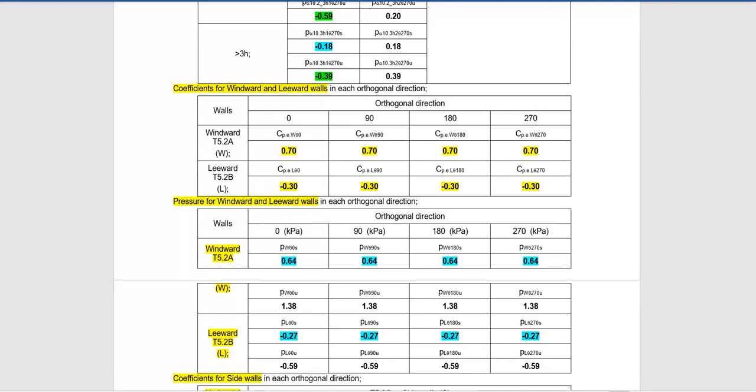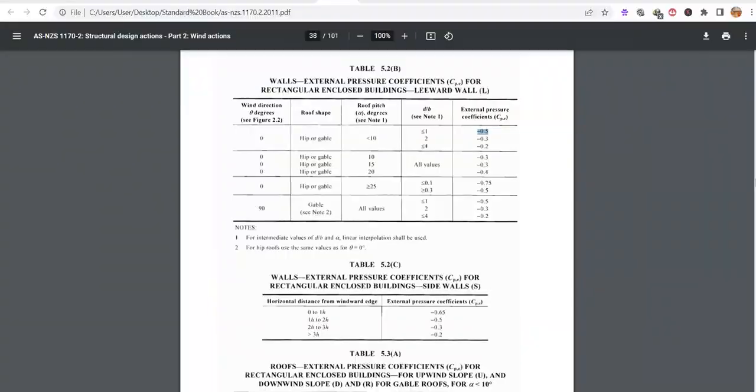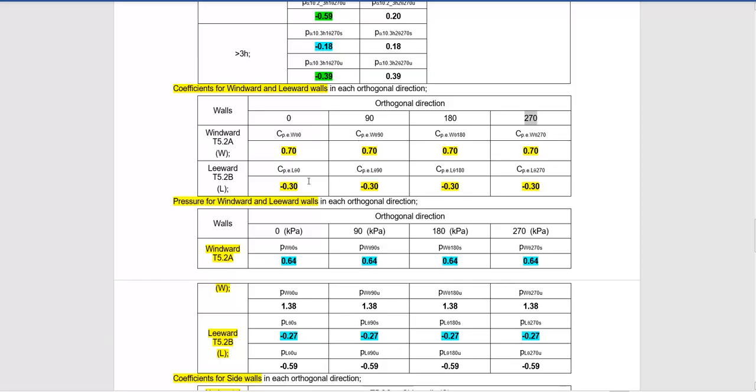Sorry, D over B, my ratio is 2. I've got a value of negative 0.3. Go back to the report here, negative 0.3.